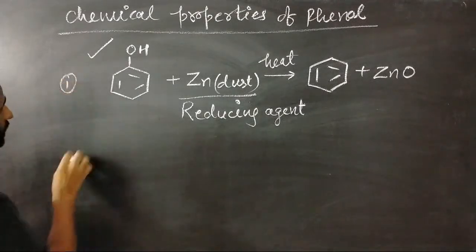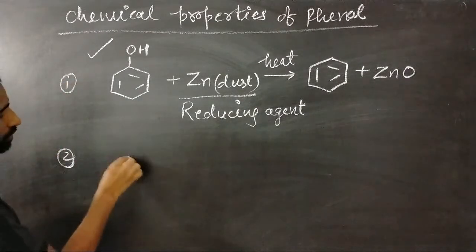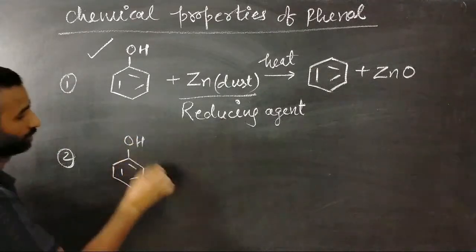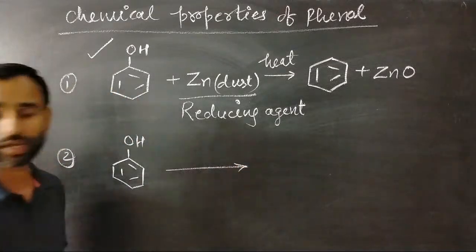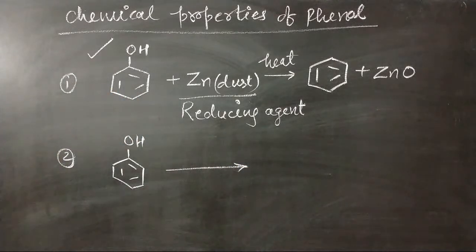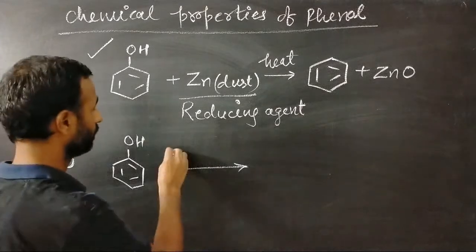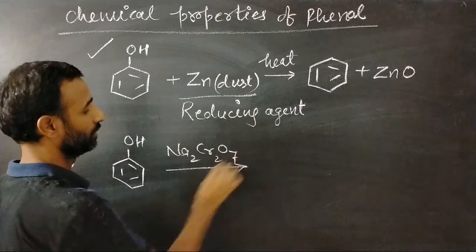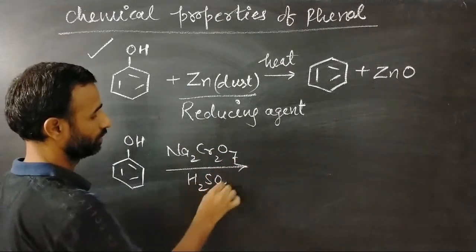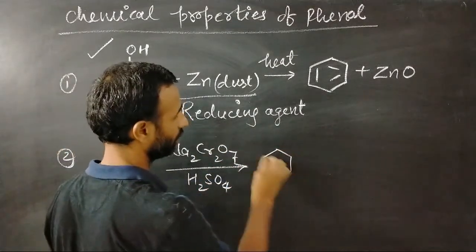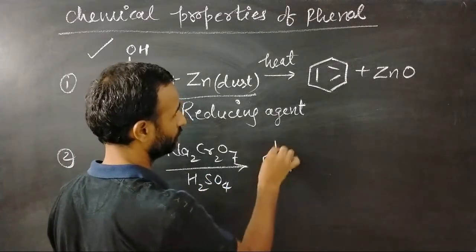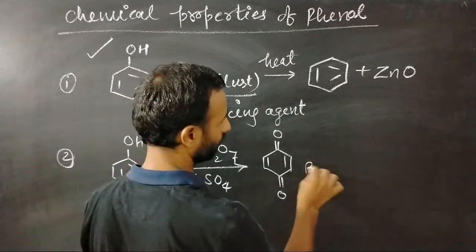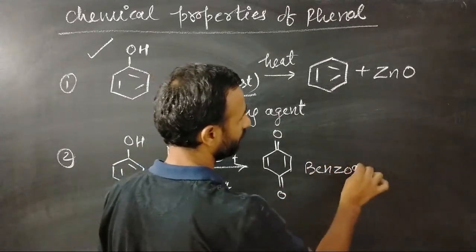Okay, second is when we treat phenol with sodium dichromate or potassium dichromate even, and H2SO4, it is converted into quinone, or we can write it as benzoquinone.